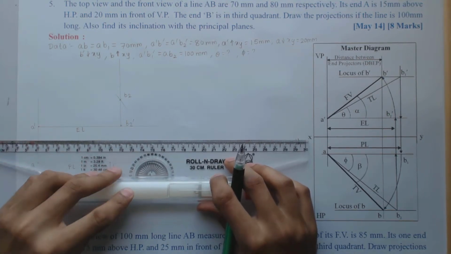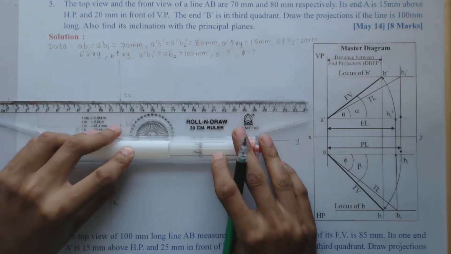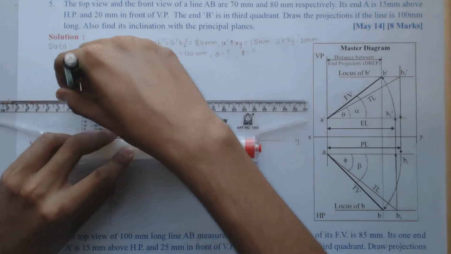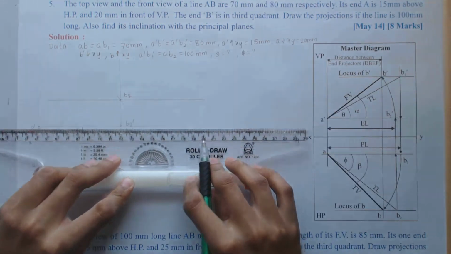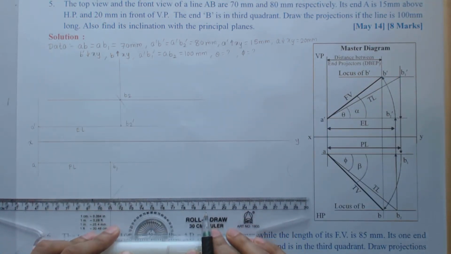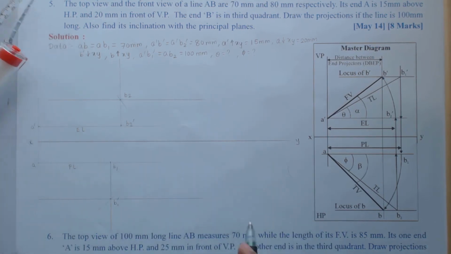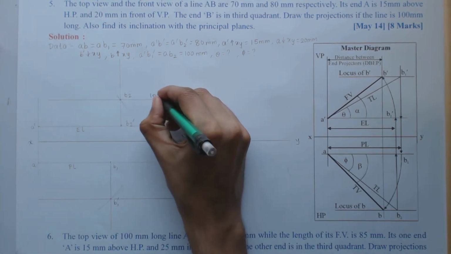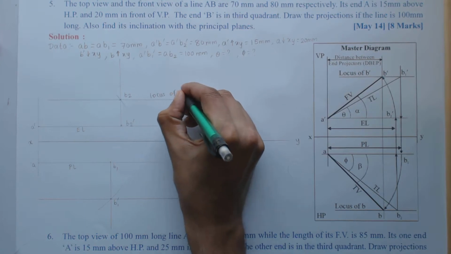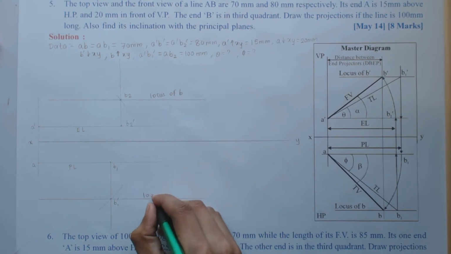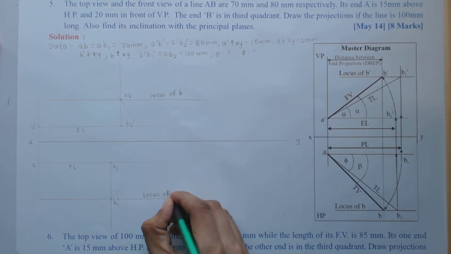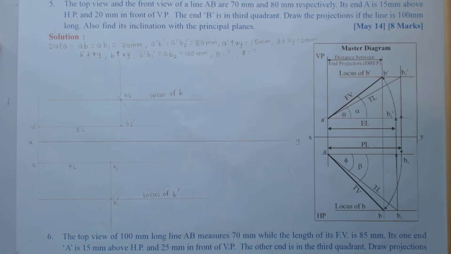So from B2 I can draw horizontal line to get locus of B, and from B1 dash I can draw horizontal line to get locus of B dash. So here it is locus of B and it is locus of B dash. Okay.